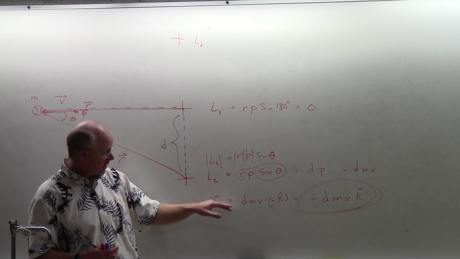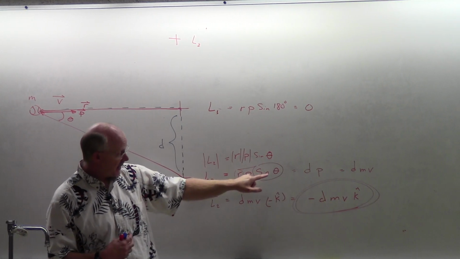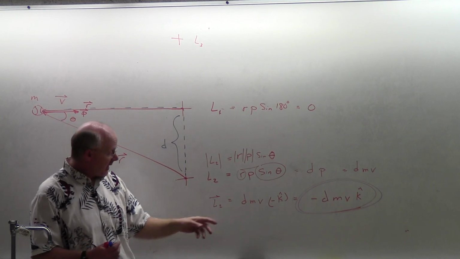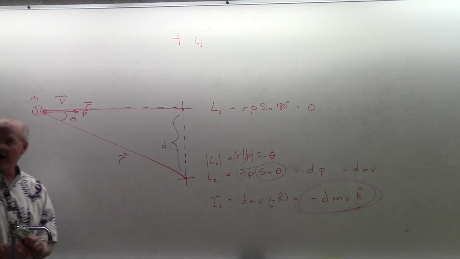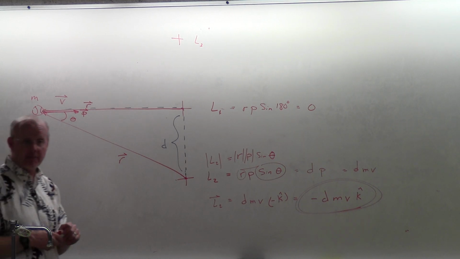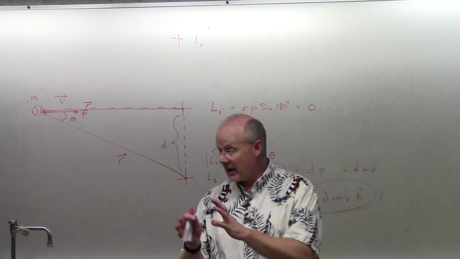No. Because no matter where you are along this line, as r gets smaller and as theta gets bigger, they multiply together to always give you the d. And so d m v doesn't change. And so there's my illustration of the angular momentum didn't change. Remember we talked about that elliptical orbit a little while ago, and I said it's a little early to prove that, but there is this principle called conservation of angular momentum if there's no outside torques on it.